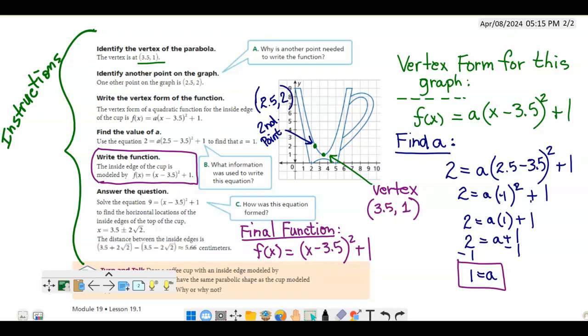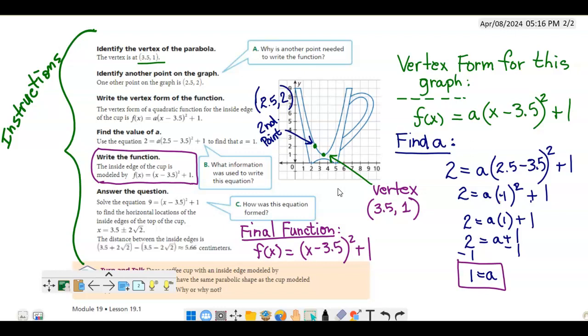And we're going to practice more with that for the rest of the week. This part is to show you how you can look at a graph and identify a second point, and how you can use algebra to write the original equation.